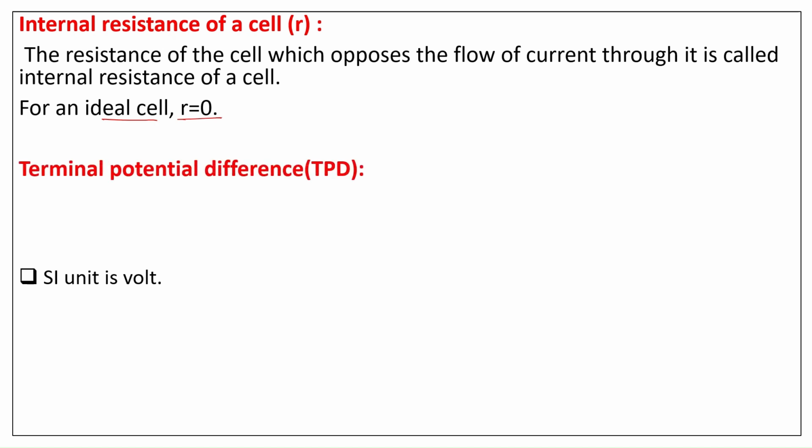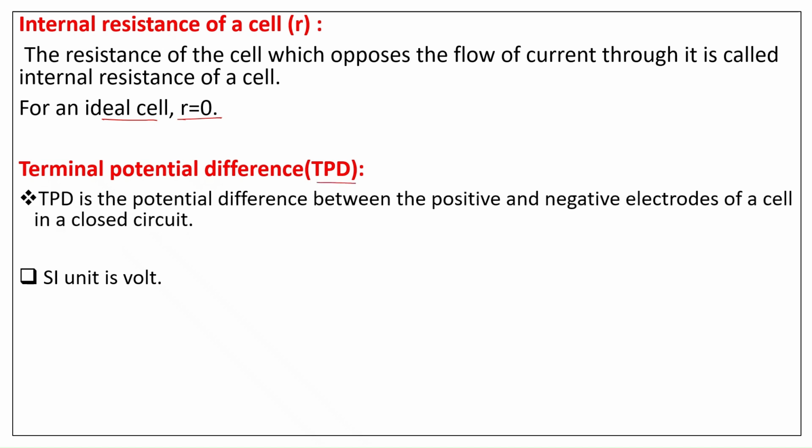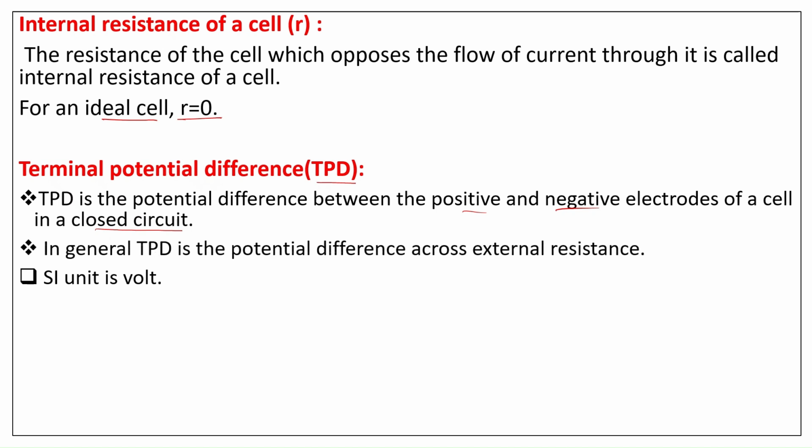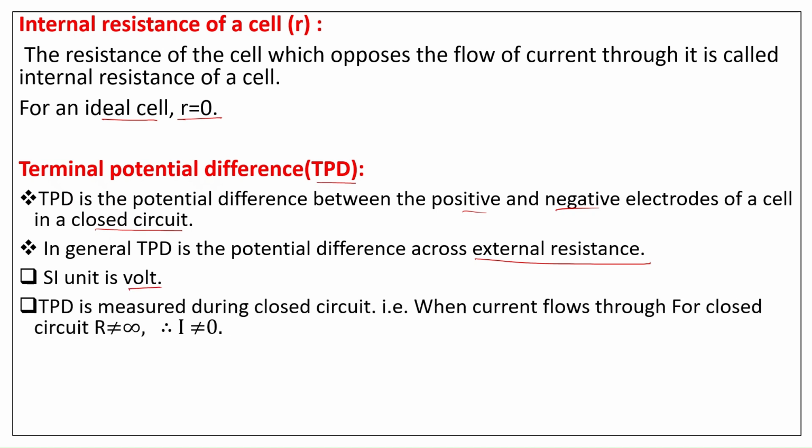Next, terminal potential difference, TPD. TPD is the potential difference between the positive and negative electrodes of a cell in a closed circuit. In general, TPD is the potential difference across external resistance. SI unit is volt.